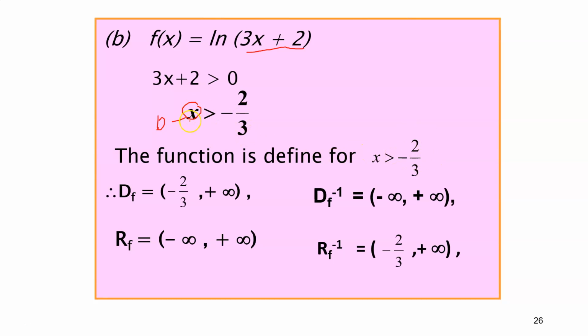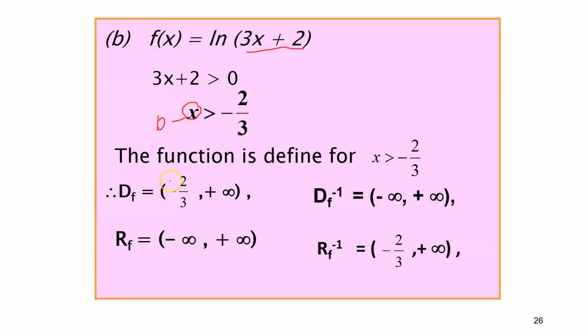This one is for the original one. Maksudnya, function tu cuma bererti kalau x tu lebih besar daripada negatif 2 per 3. So the domain for the original function, small letter f, over here starts with negative 2 over 3.